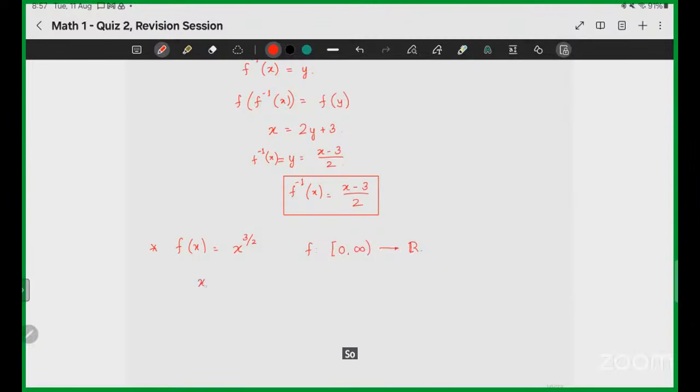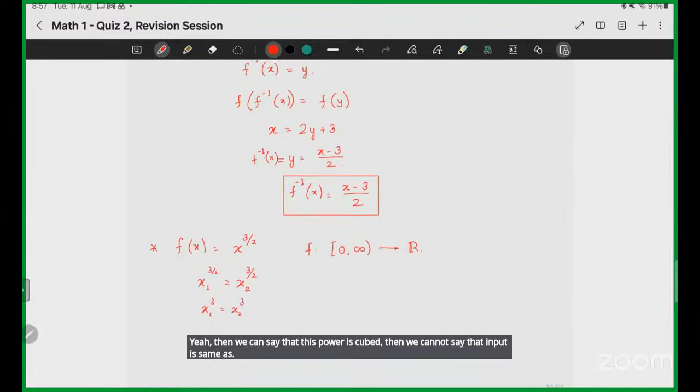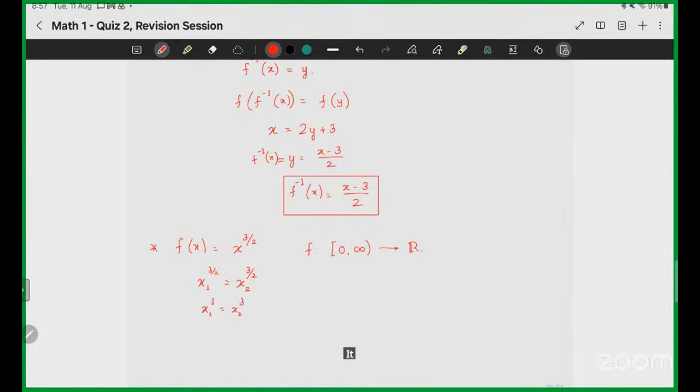So once again, you can look at this. If the images of two inputs are the same, then I can cube this to get x1 cube is equal to x2 cube. Here, it would not be enough for a square, since we would get the same output at -1 and +1.